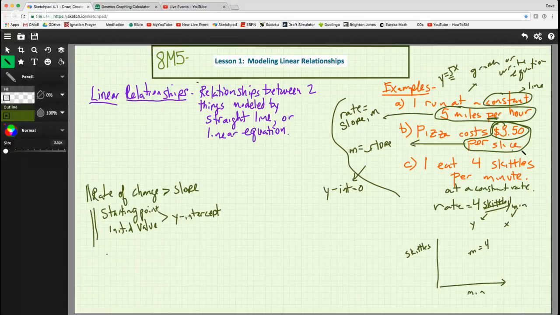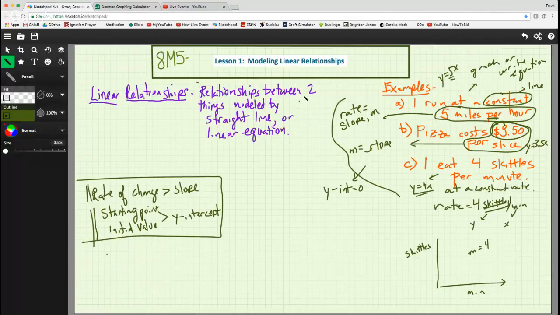In the second case, our equation is y equals 3.5x. And in the third case, it's y equals 4x. There are no y-intercepts on any of these examples, but don't think you're getting off the hook, because our examples coming up all have y-intercepts that are not equal to 0.